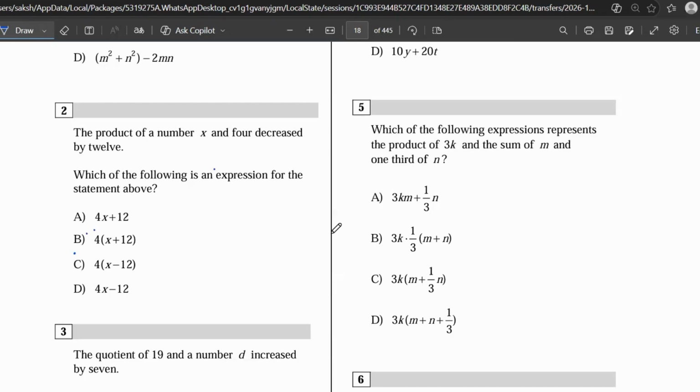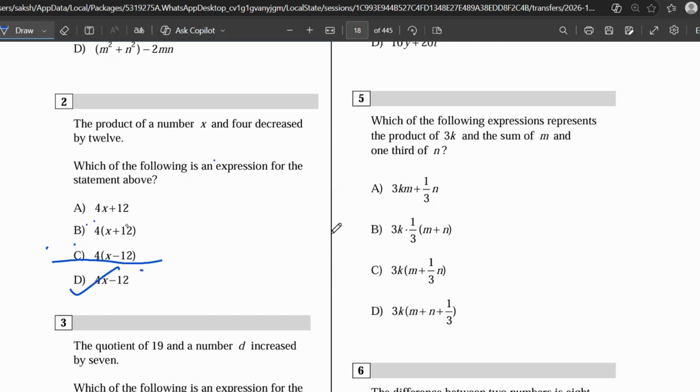Why shouldn't it be this C one? That is x minus 12 into 4, which is a completely different number. Yes, because they are asking the product of a number and 4. First, we do the product of these two, and then that number is decreased by 12. So the answer for this one is D.